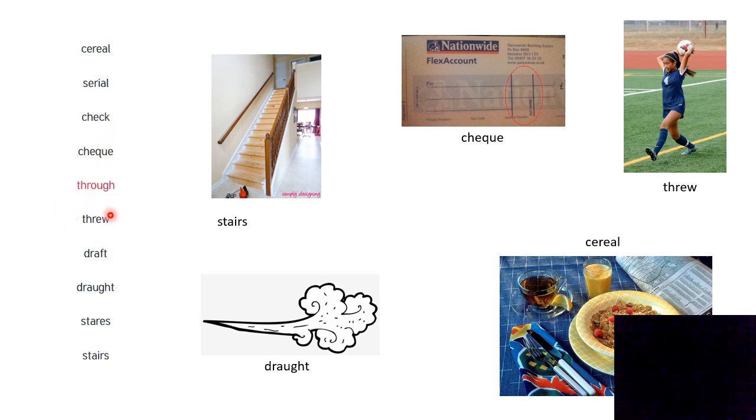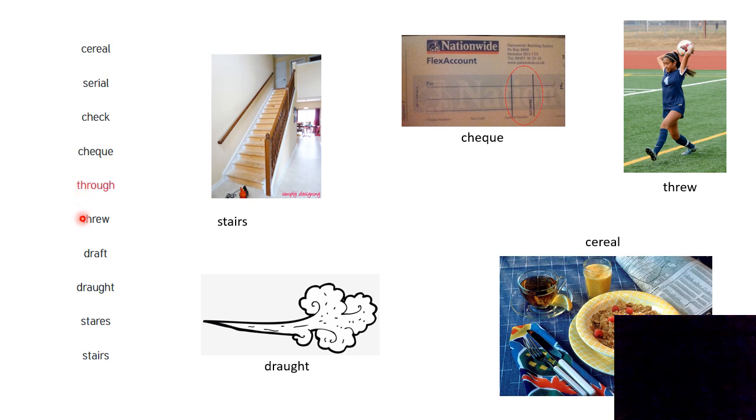Through. Now, if I'm going through something, so I might be going through a tunnel or through a doorway, I will use this one. And the reason it's red is because it is a year 3/4 spelling that we need to make sure you definitely know how to spell. And it's got that oo sound with the O-U-G-H, okay, which makes it a little bit hard.